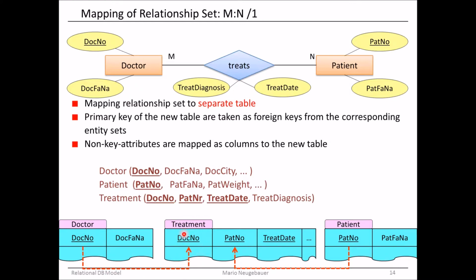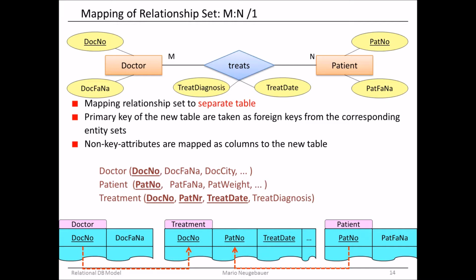The doctor number is a primary key in the doctor table, and here it is a foreign key in the treatment table first, and the patient number is a foreign key from the patient table, where the patient number is the primary key. So, and then we add the treatment date also as a part of a compound key in our treatment table.